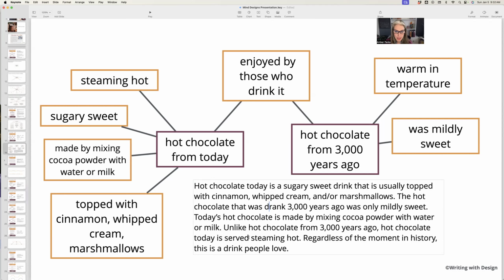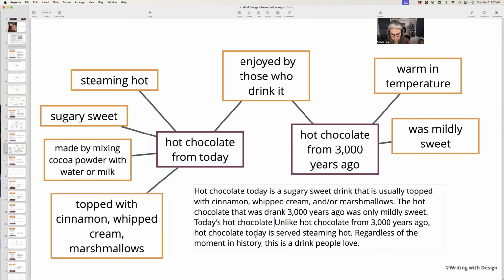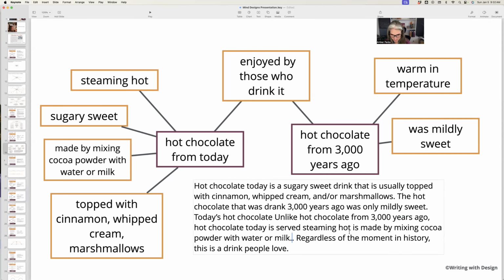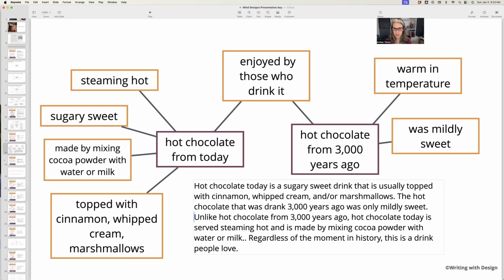Oh, actually, we could combine that. Steaming hot and is made by mixing cocoa powder with water or milk. Ooh, let's do that. There we go. Now it's going to flow even better. And we make those nice long sentences. Not every sentence needs to be super long, but I think now we've got a really nice flow.